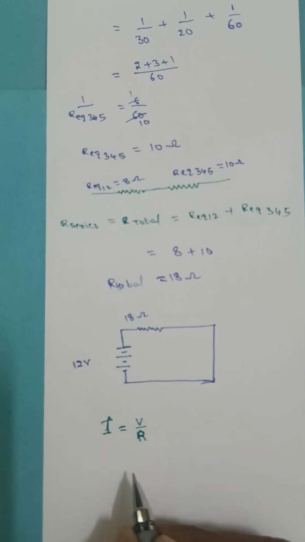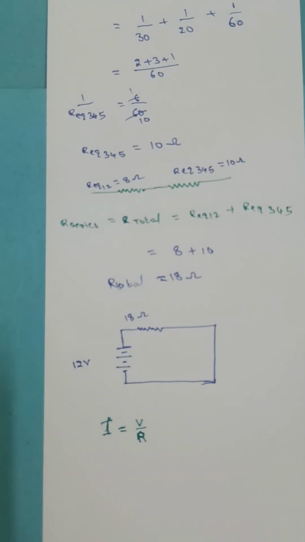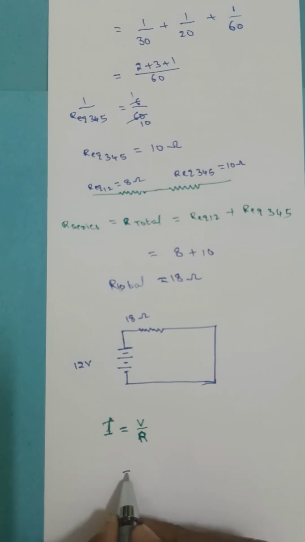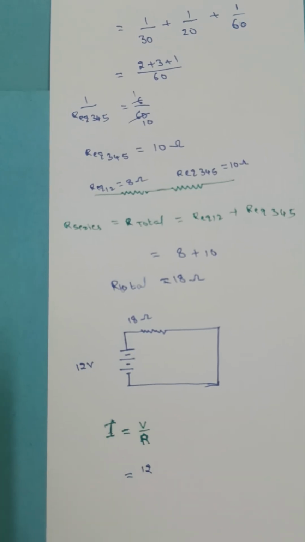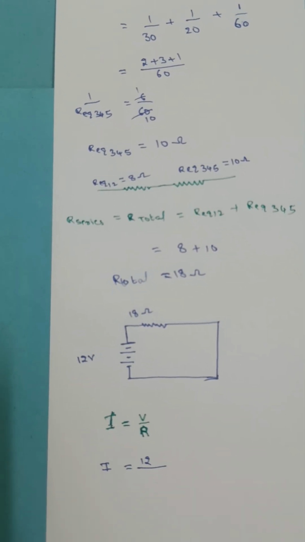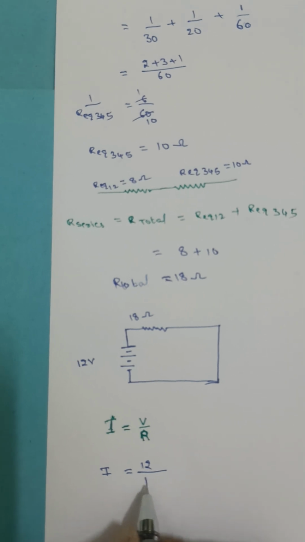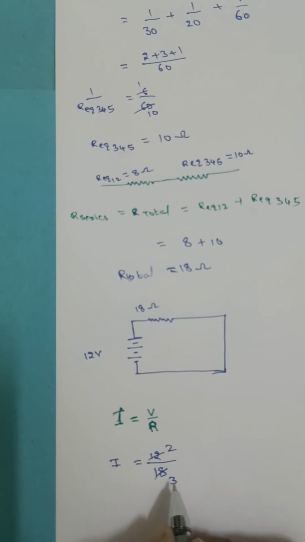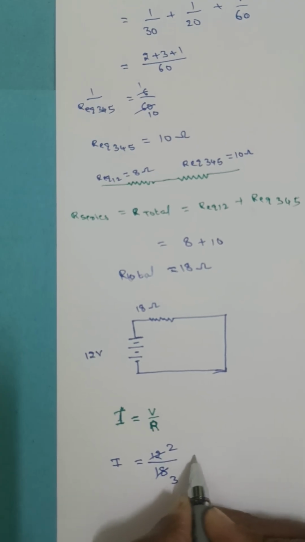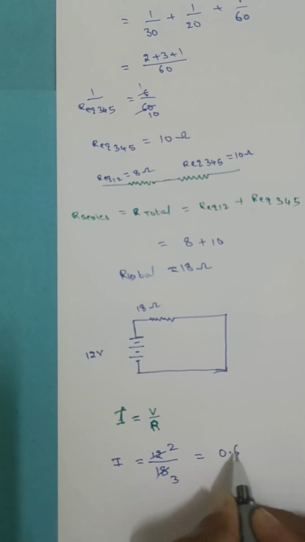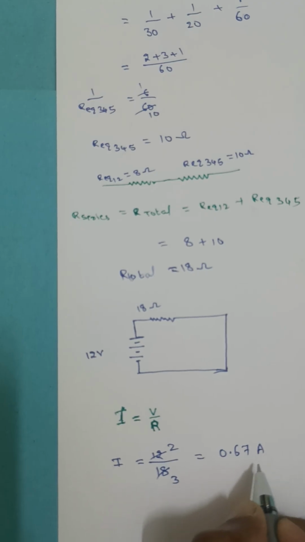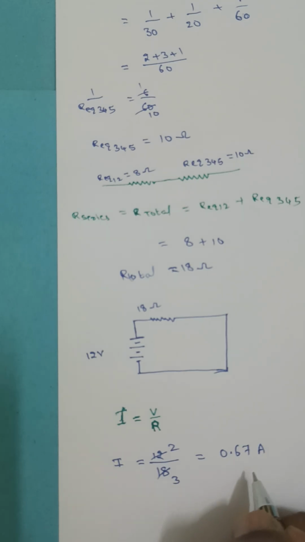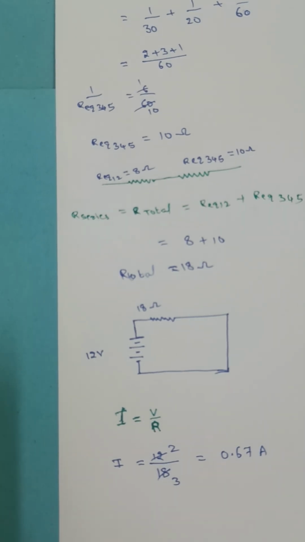So substitute values V and R. So given voltage 12 by 18. So 6 2s are 12, 6 3s are 18. So 2 by 3 amps, which is also equal to 0.67 amps. Total current flowing in the circuit is equal to 0.67 amps.